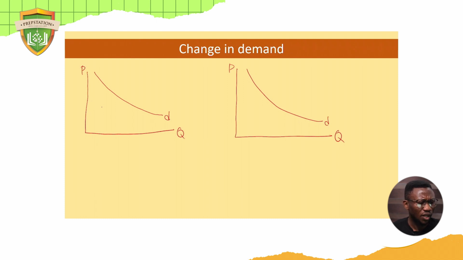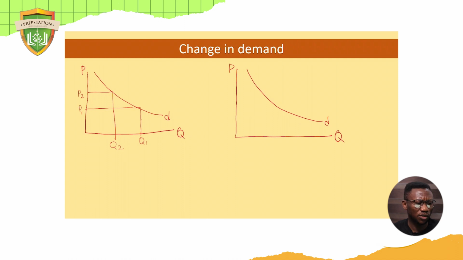So looking at this, if there is a change in price, maybe from P1 to P2, this will be Q1 and this will be Q2. We have 2 demand curves. Now, let's identify the one that has a shift in demand and the one that has a movement along the demand curve.